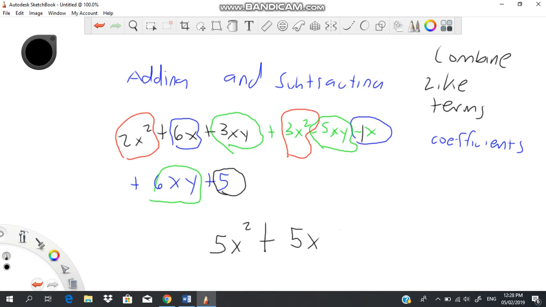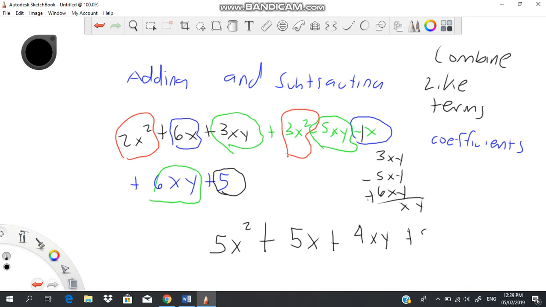And we're now going to add the xy: plus 3xy minus 5xy plus 6xy. So 3xy minus 5xy is equal to negative 2xy plus 6xy is equal to 4xy. Just copy their variables and just 3 minus 5, that's negative 2, plus 6, it's 4xy.